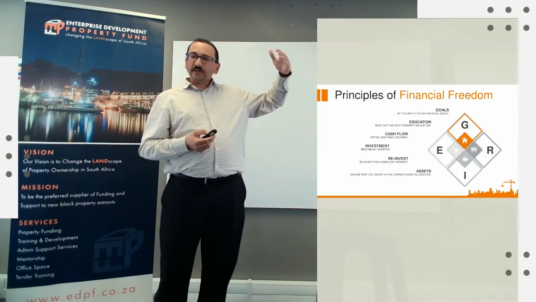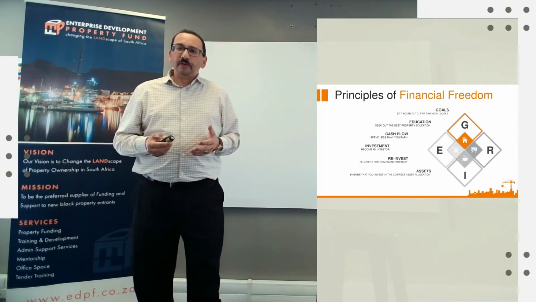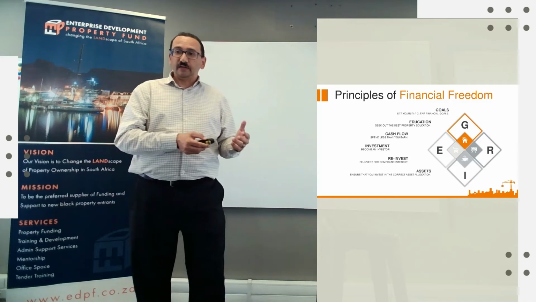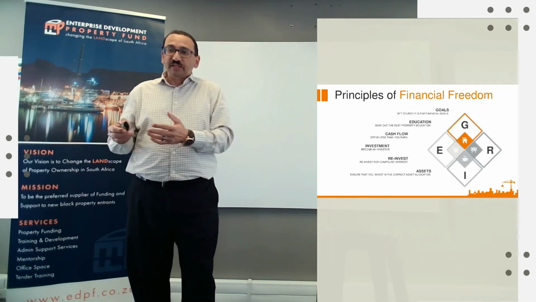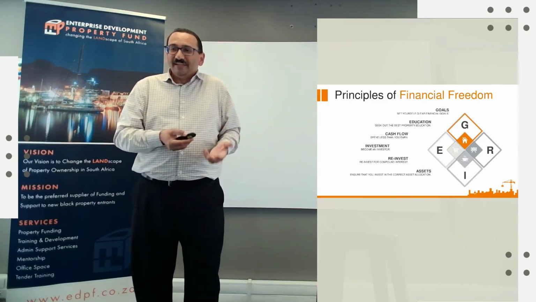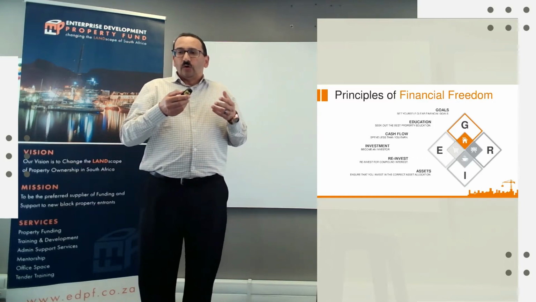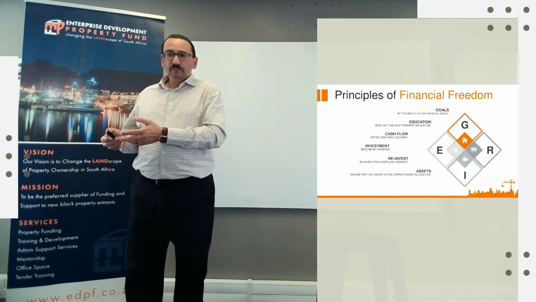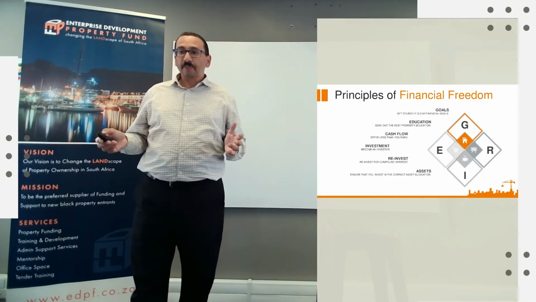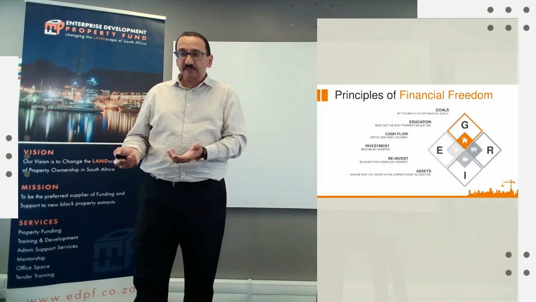But when we got into this at the beginning of the year, what happened? A lot of people lost their income. A lot of people, especially in the property sector, lost their revenue stream because those people who were renting from them didn't have money because they themselves had lost their income streams. So if you had cash available, you could overcome this difficult time by allocating that cash towards your running expenses.